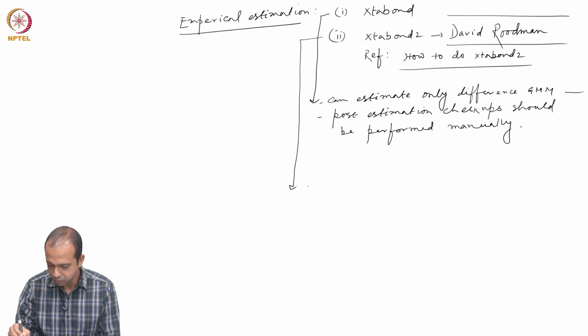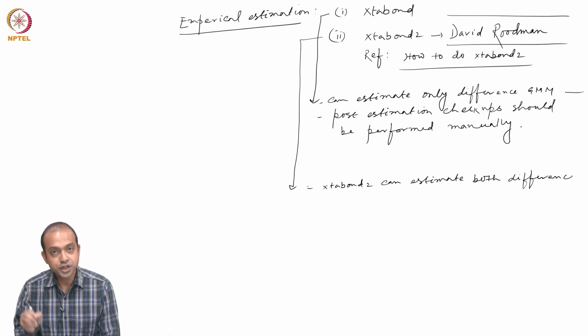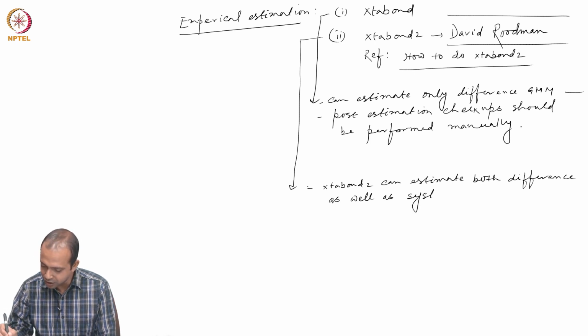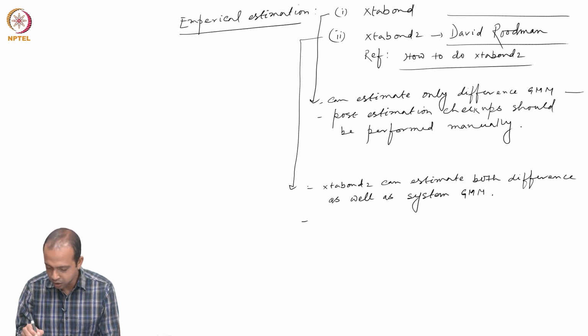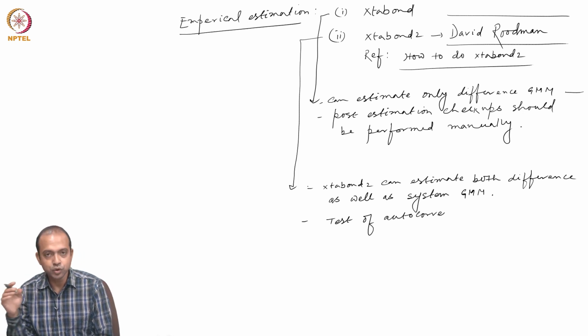Secondly, the tests of autocorrelation, that means AR1 and AR2, where AR1 should be there and AR2 should not be there, and the tests of over-identifying restrictions are inbuilt. So, we do not have to go for this again.